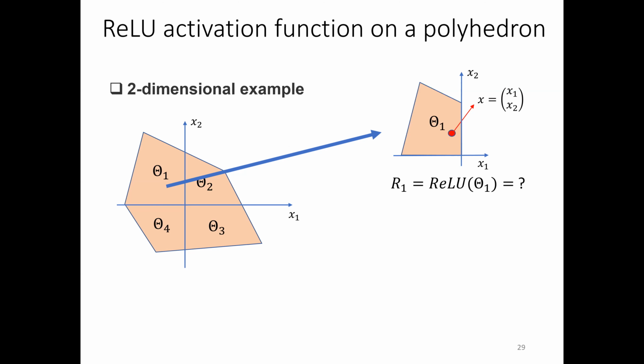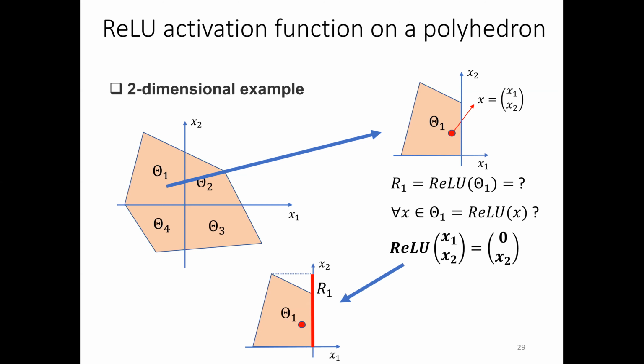Yeah. 0 for x1. Yeah. 0 for x2 or x1? 0 for x1. And x2 remains the same, right? Yeah, remains the same. Okay, so that means if we apply the ReLU on this region, we're gonna have 0 for x1 and x2 stays the same, right?